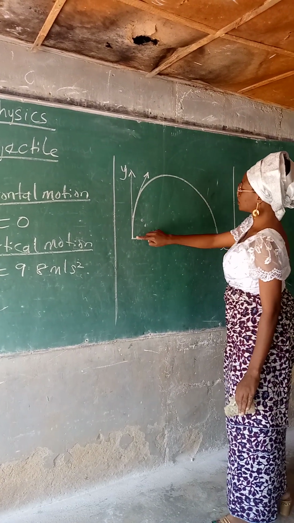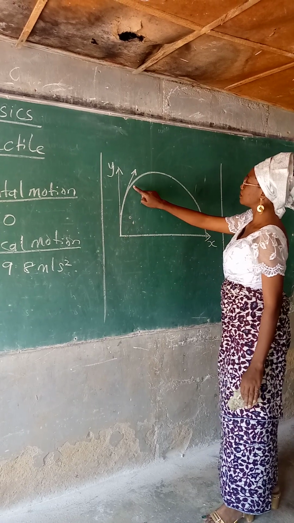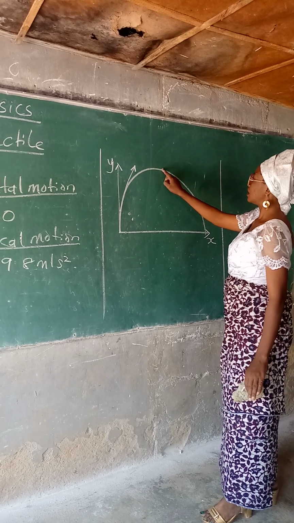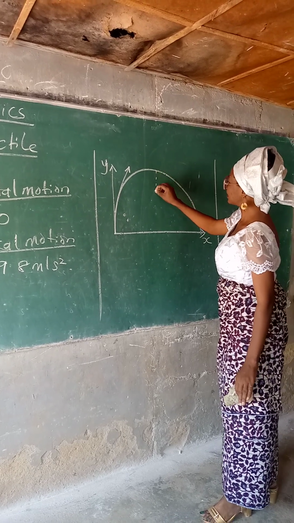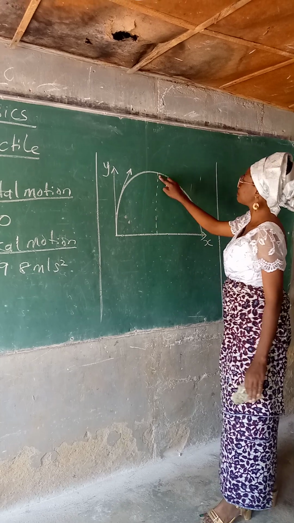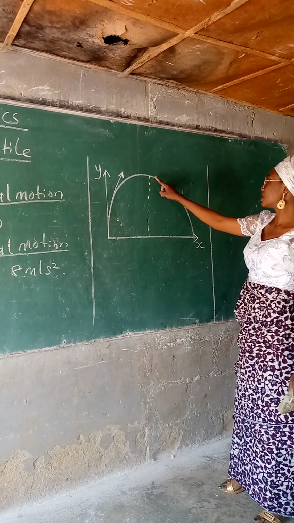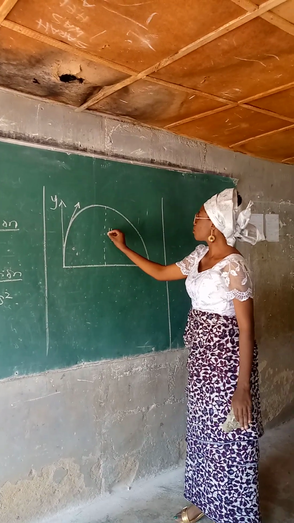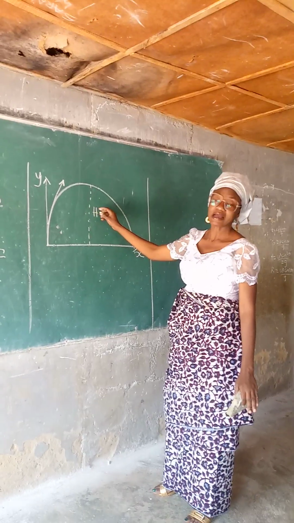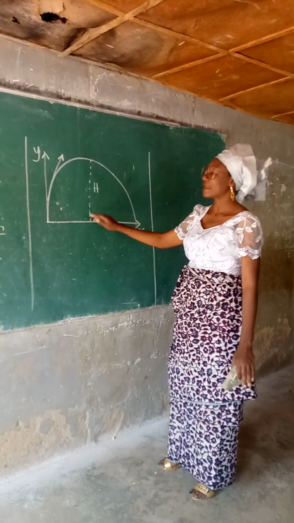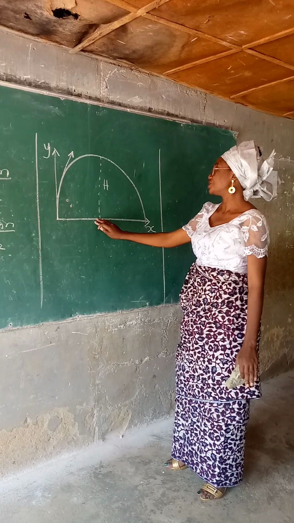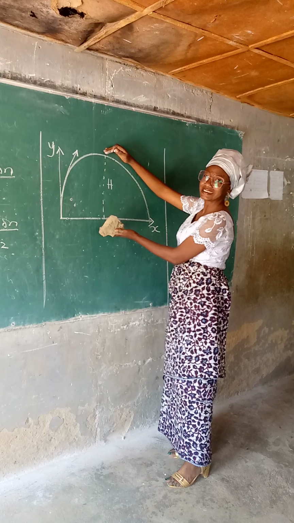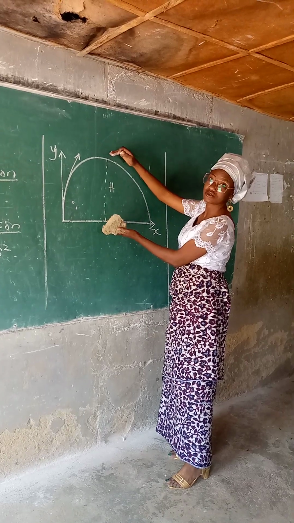The body moves with a velocity, and when it gets to this point, which is termed the maximum height, the body begins to fall.